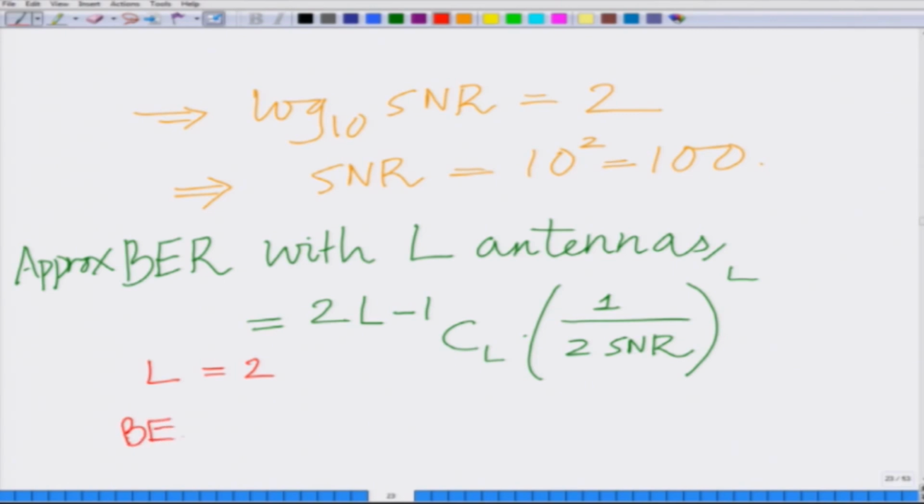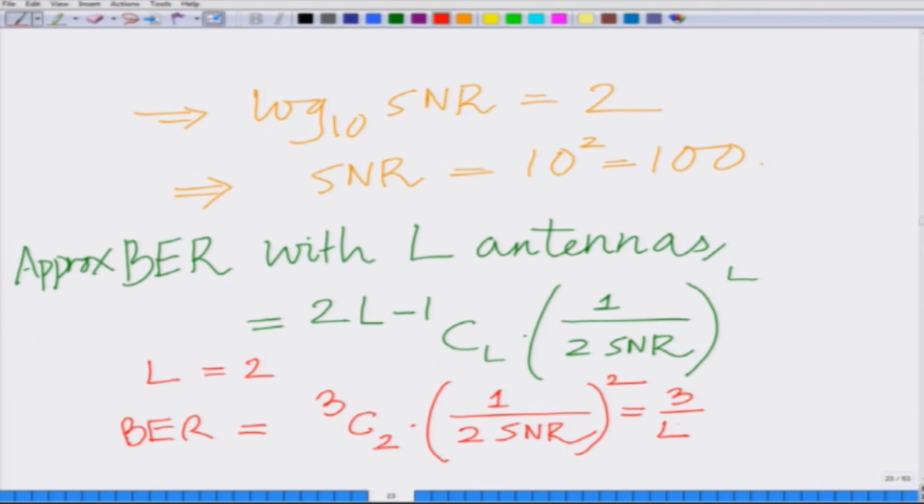Therefore, the bit error rate equals 3 choose 2 times (1 over 2 SNR) raised to the power of 2, which is equal to 3 divided by 4 times 1 over SNR square.